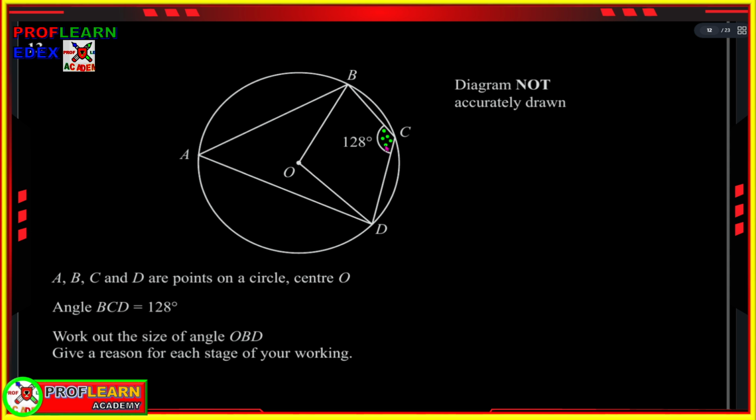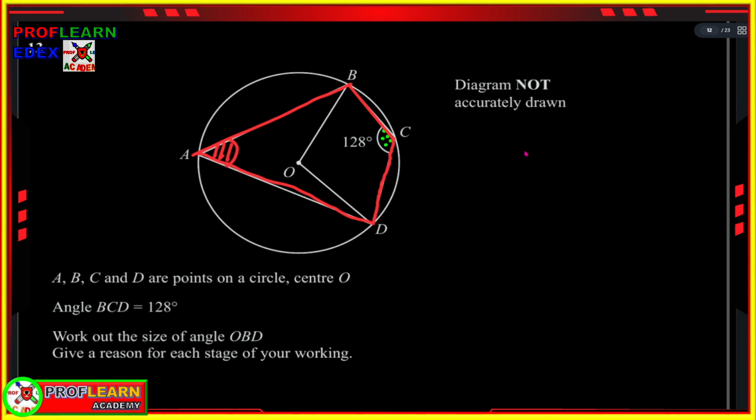So if we know this angle here, we are going to consider a cyclic quadrilateral, so that we can say opposite angles of a cyclic quadrilateral add up to 180.